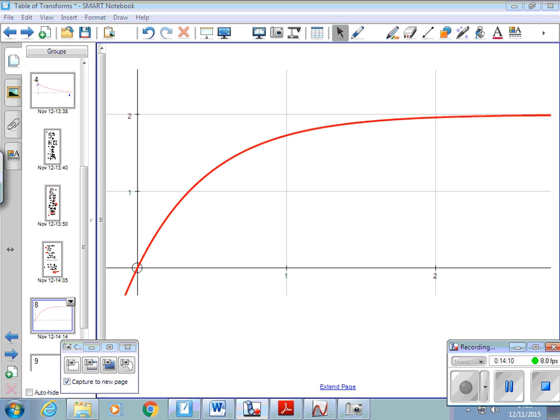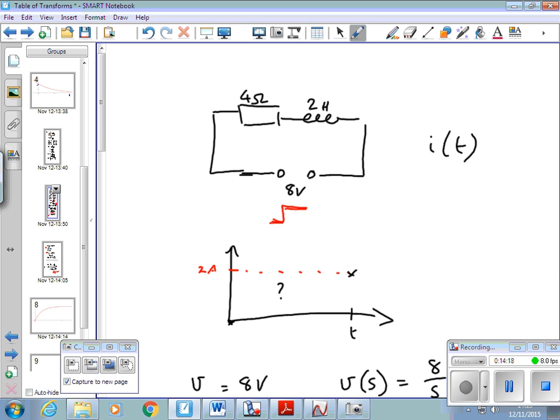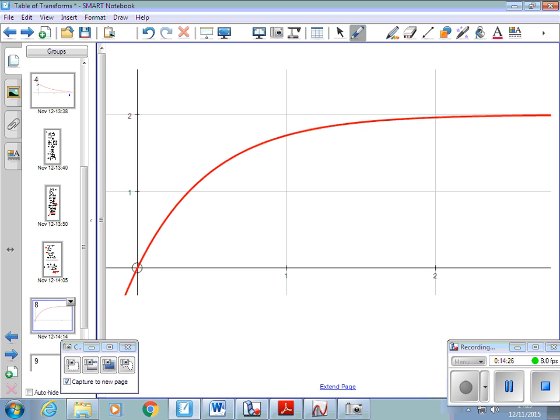If we plot it in a graph, we get something like this, which we sort of predicted. We look back at our original guess for this circuit. Look, we guessed it was going to reach a current of 2 amps. Well, it has reached a current of 2 amps here.